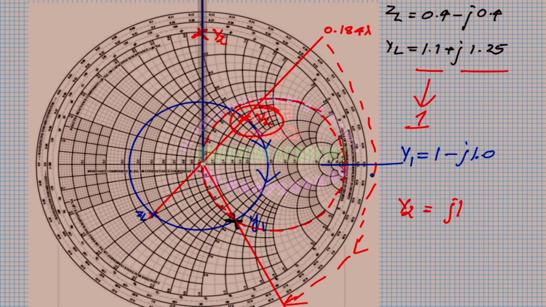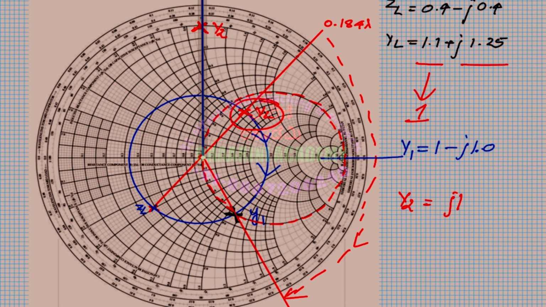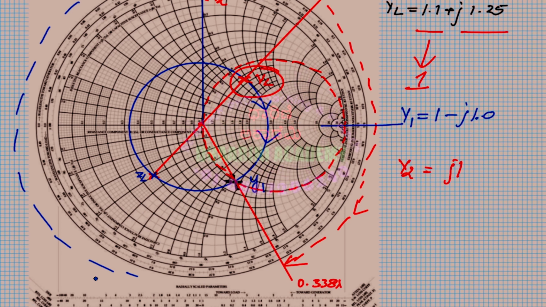I need to measure the distance between these two points, and measure this difference. The total value that you are going to get when you move like this is the required length of the stub.